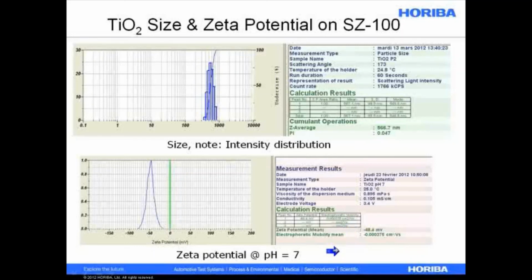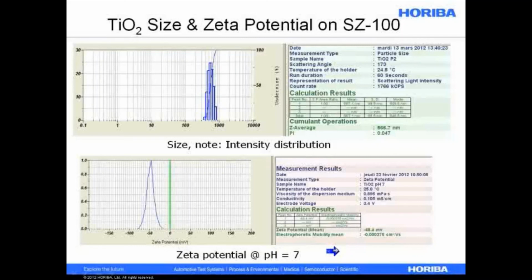I will just point out, if you send us samples for titanium dioxide and you want to know the zeta potential, please send it to us dispersed as you typically disperse it, because, as I mentioned before, the zeta potential is a function of the overall surface chemistry. And if you disperse it with a certain surfactant and we disperse it a different way, we'll get a different answer, which may not be as meaningful to you if your goal is to find the best conditions for dispersing the sample.